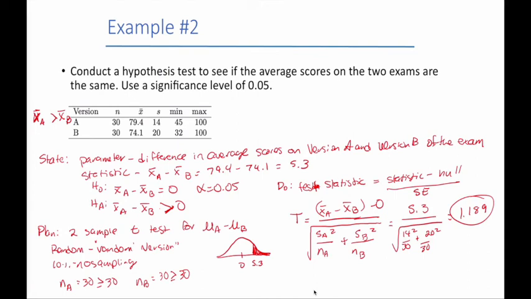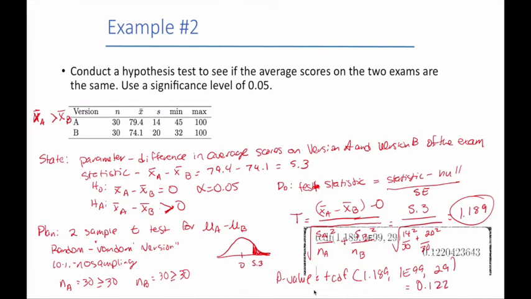Our p-value is, use the tcdf of 1.189 to 1E99, 29 degrees of freedom. Degrees of freedom is the smaller of our n's minus 1, and that should give you a p-value of 0.122. Right, p-value of 0.122.